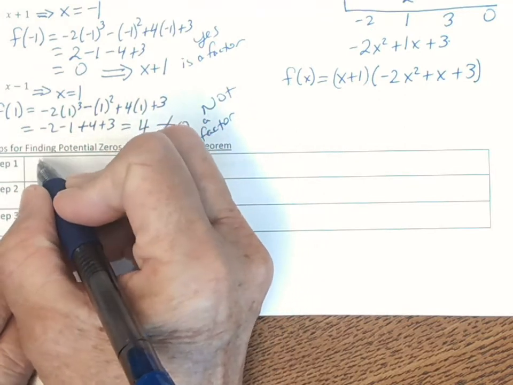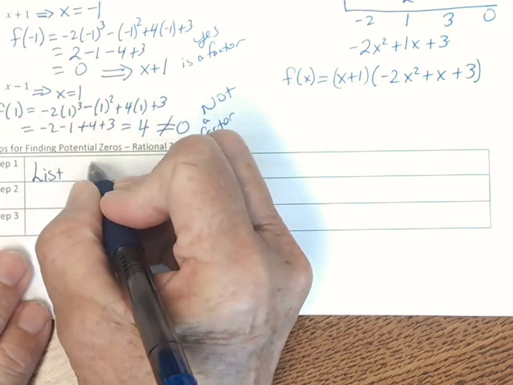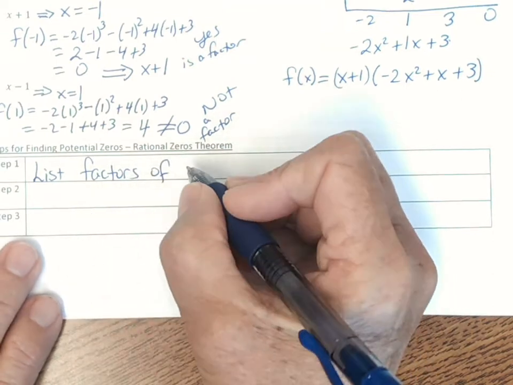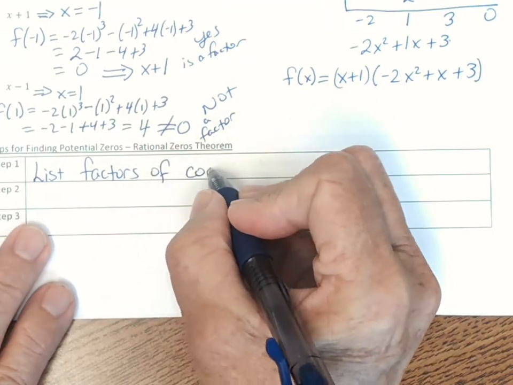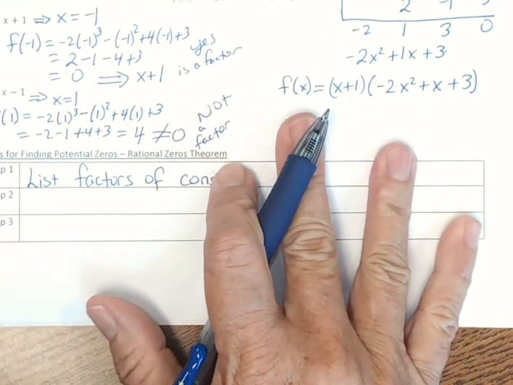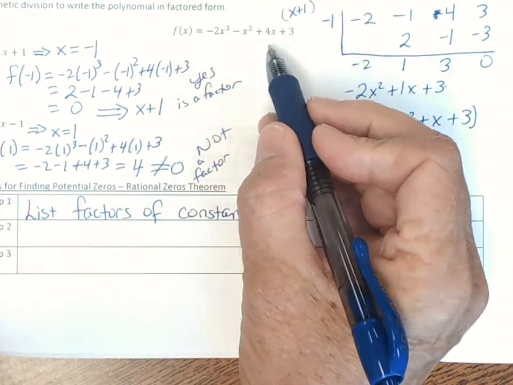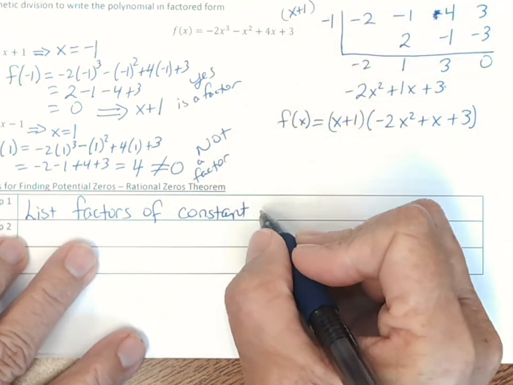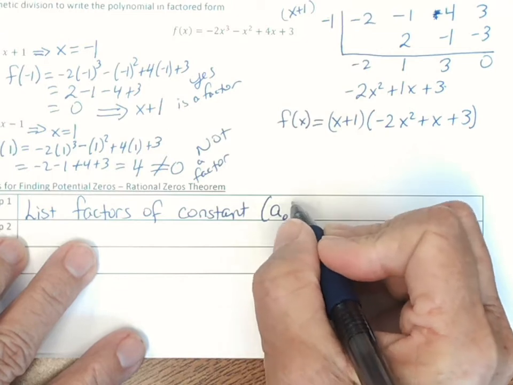First step is list factors of our constant. So in your f of x, whatever your function is, we're going to list out the factors of your constant. The constant sometimes is called a sub 0.